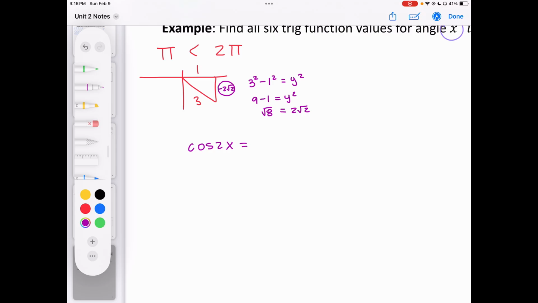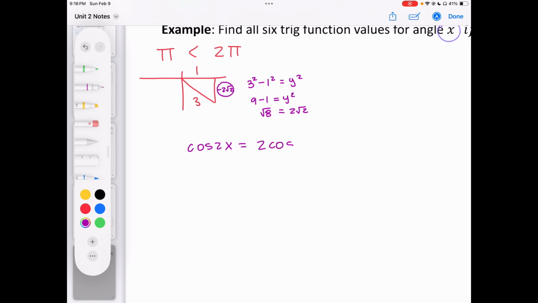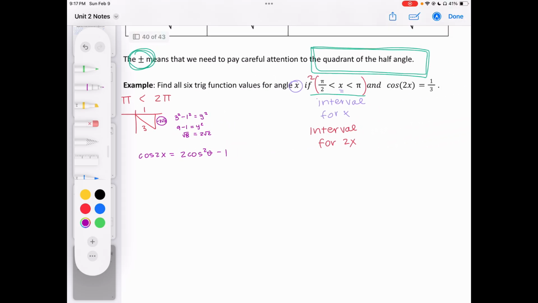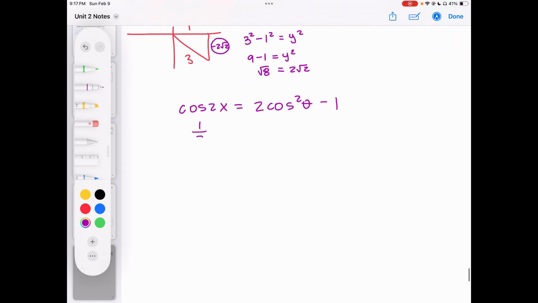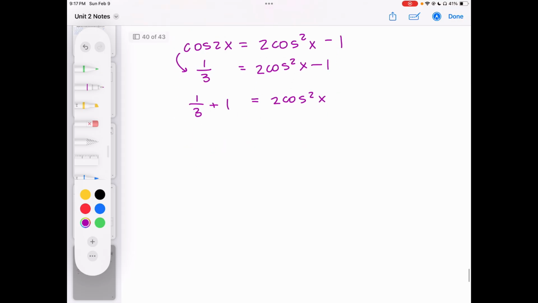So I will do 2 cosine squared theta minus 1. We know that cosine 2 theta is a third, so I'll plug it in for cosine of 2x, and then, oh, I should probably use the same variable, huh? I'll use x all the way around. And now we solve. So I have 2 cosine squared x minus 1. I need to add the 1. I need a common denominator, so I have a third plus 3 over 3, which is 4 thirds.